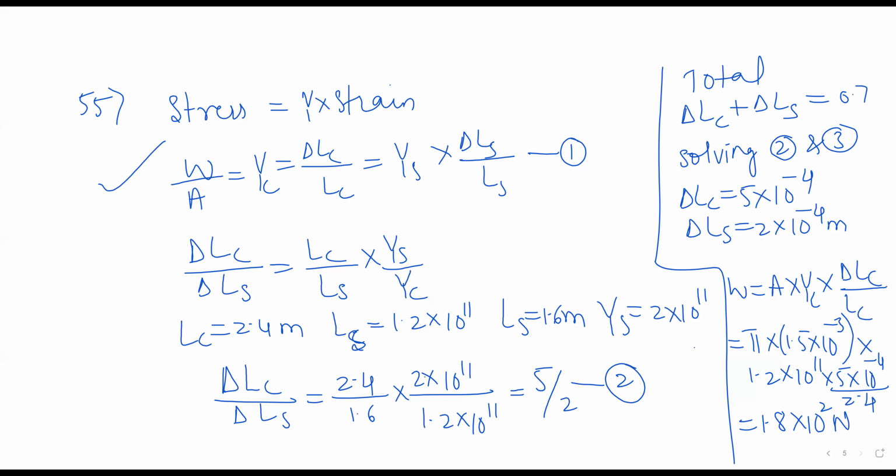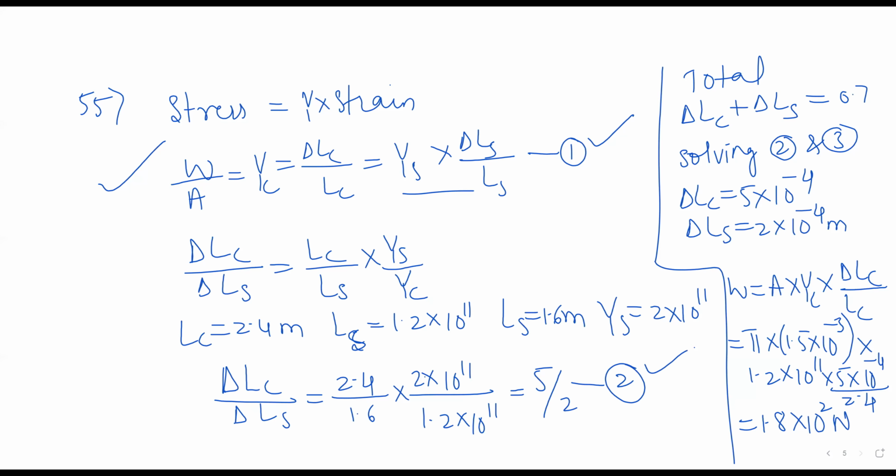You can equate this with the steel wire. Consider that as equation 1. And delta LC divided by delta LS is equal to LC divided by LS into Young's modulus for steel to the copper wire. Just substitute all the given values, then we get equation 2.